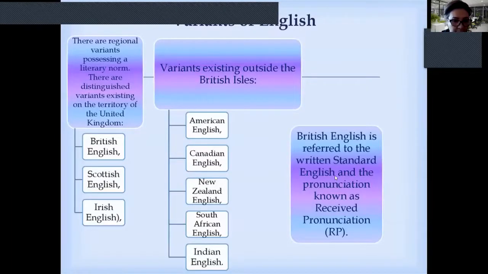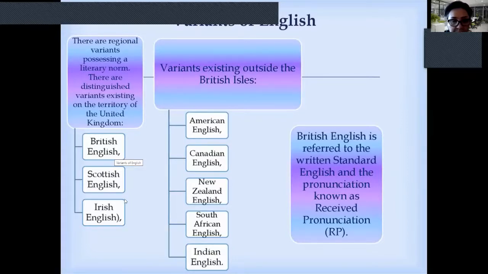So let us look through the variants of English. British English, Scottish English and Irish English are regional variants of the English language. They are distinguished variants existing on the territory of the United Kingdom.